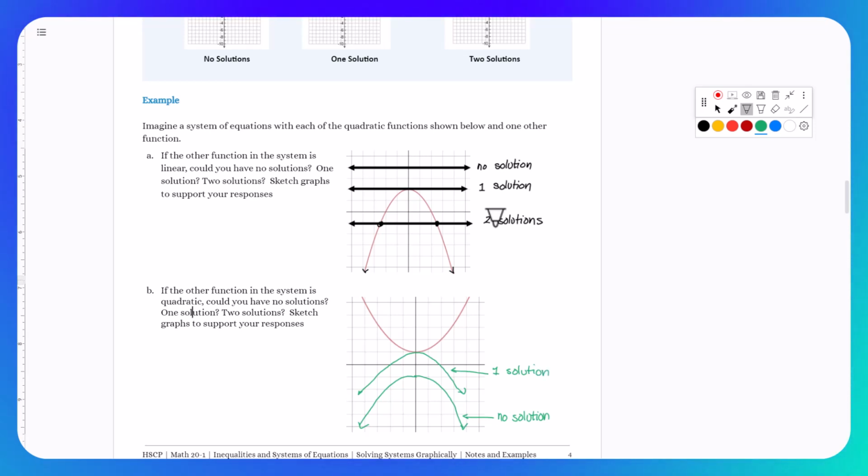And if we wanted 2 solutions, we would go up and come down again so that we would have 2 intersection points. And this one would be 2 solutions. Let's keep going.